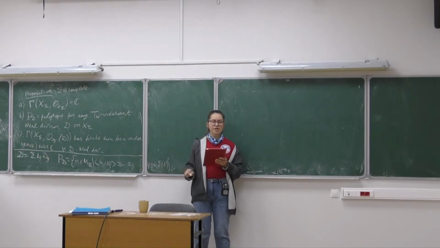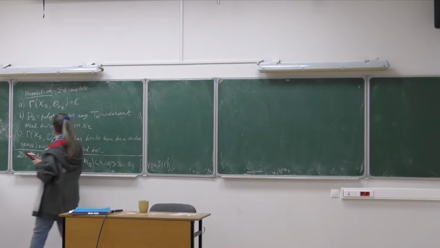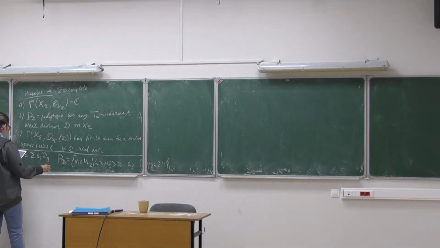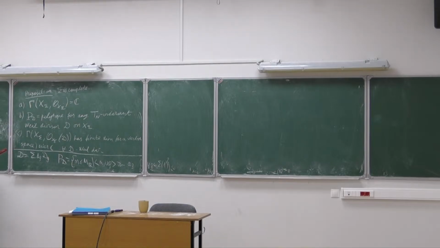So this is the definition of the polytope P_D for a Weil divisor D, and as it is stated here, it is given by a finite set of inequalities, so it can be unbounded. What is written here is that for a complete fan, this object is always bounded.